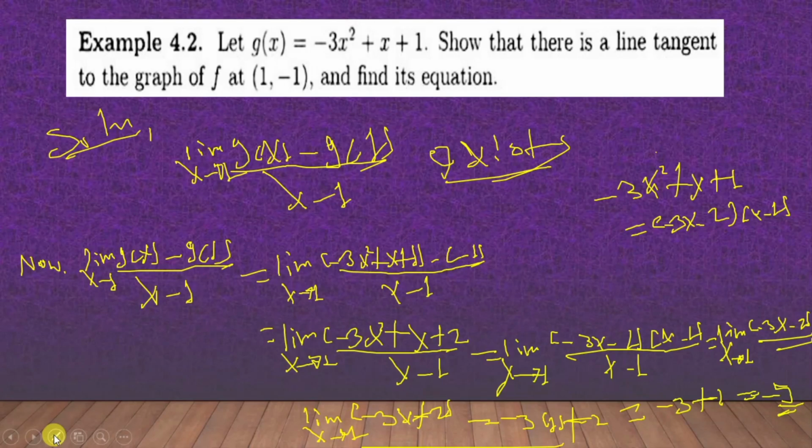Again we write it. The slope of the equation, that means m, is equal to minus 5 here. Then consequently the graph of g has a tangent line at (1, -1).